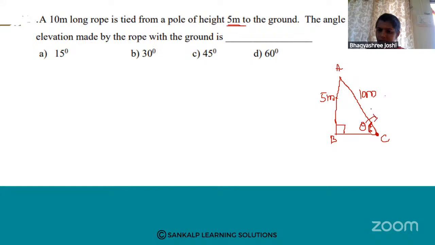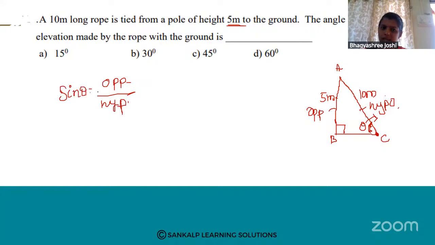The side opposite to theta is the opposite side, so AB is the opposite side and AC is the hypotenuse, right? Opposite divided by hypotenuse is the ratio of sine theta. Yes or no?